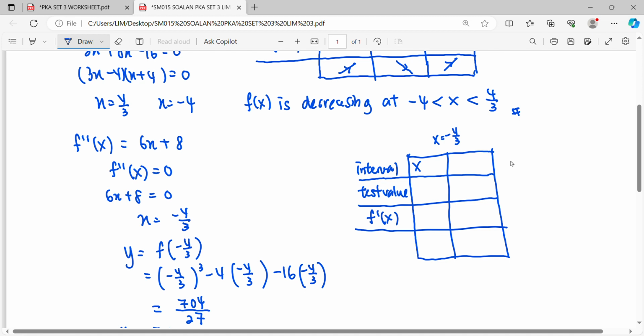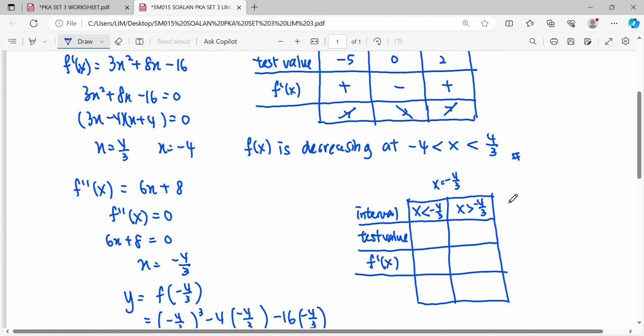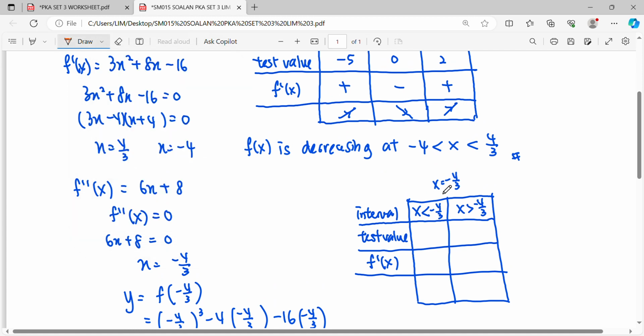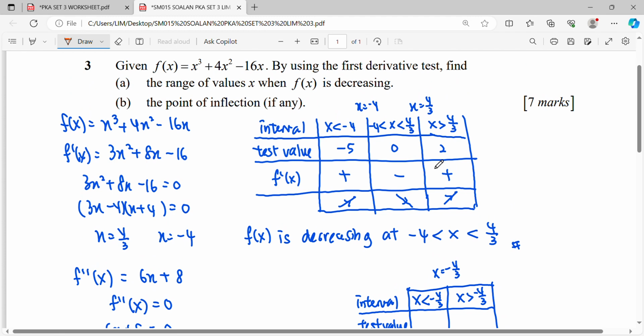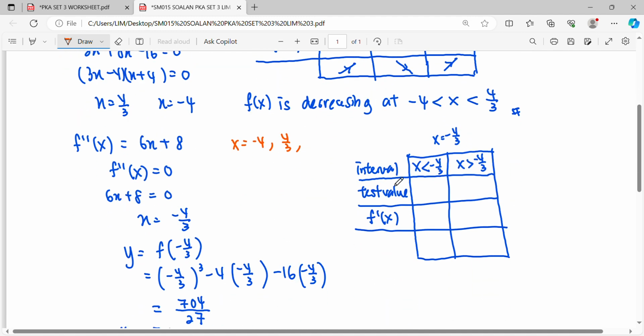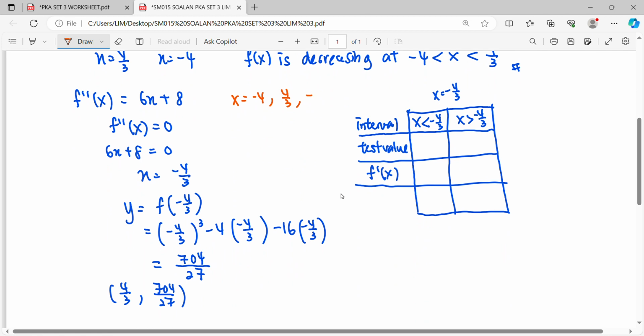We want the interval before -4/3 and the interval after -4/3. What test value do you want to choose here? You have to be careful. You cannot overtake the interval, since you have other critical points. Look at your critical points: we have -4, we have 4/3, plus currently the maybe inflection point -4/3, right?